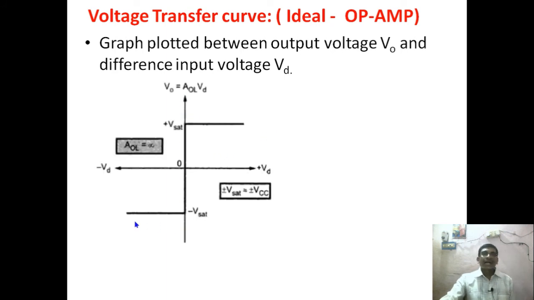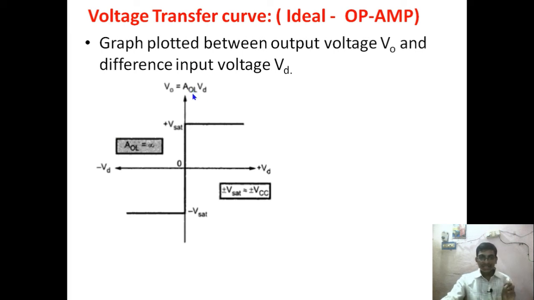This is the ideal operational amplifier voltage transfer curve. On the x-axis we have taken the input voltage, and on the y-axis we have taken the output voltage V0, which is AOL into VD, where AOL is the open loop voltage gain. So AOL means AD only. AOL is the open loop voltage gain.